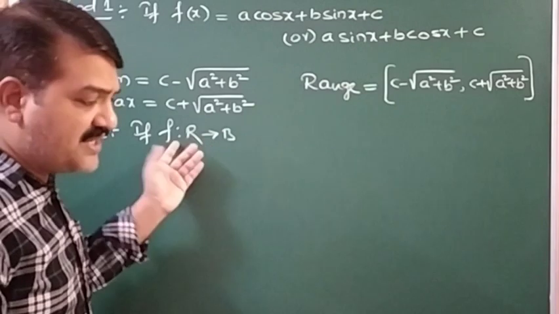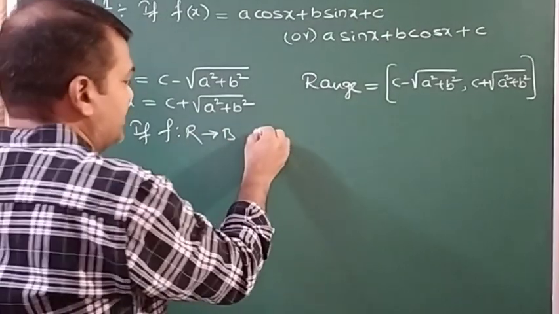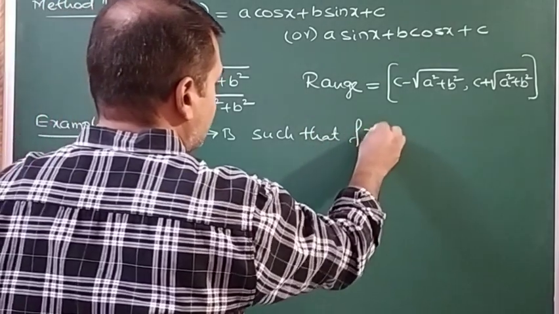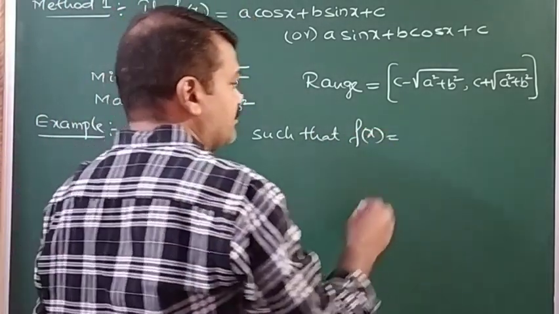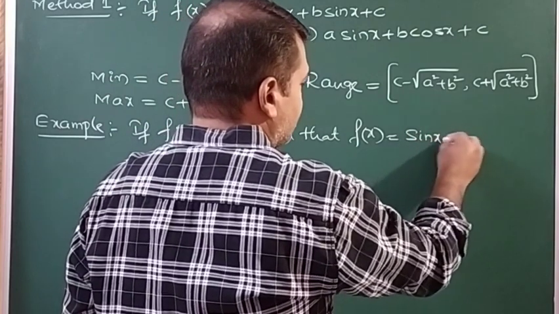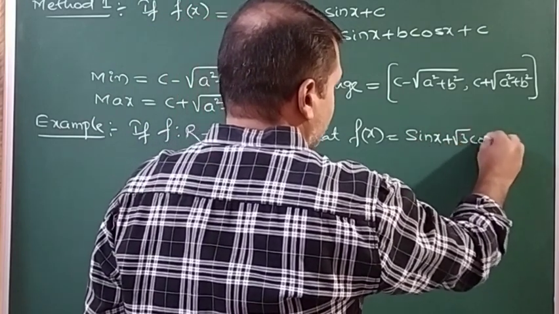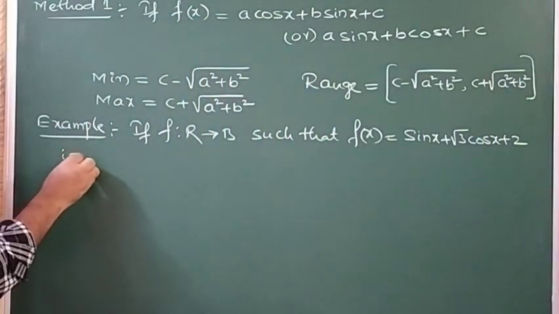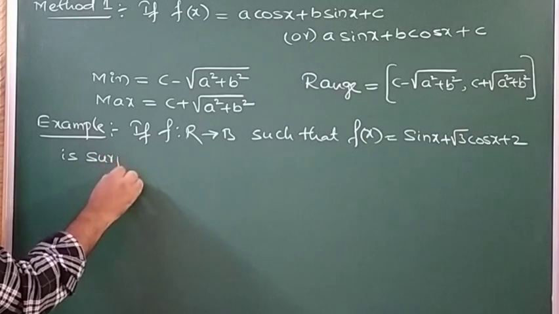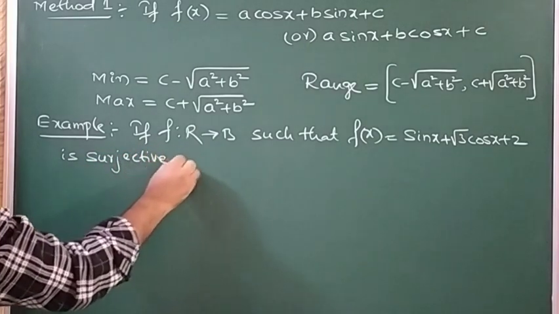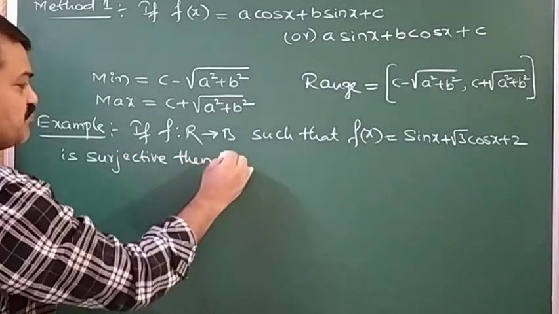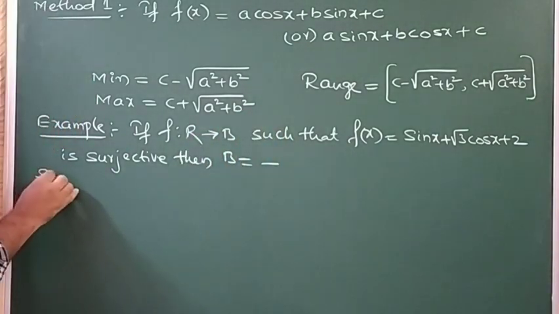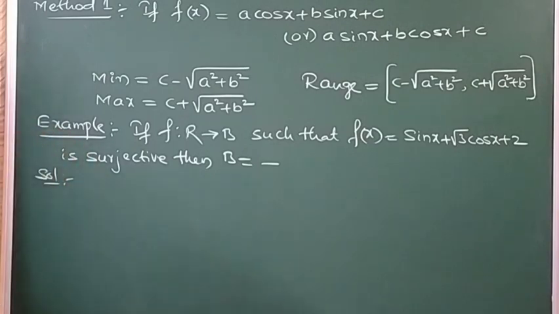F maps R to B, where R is the set of real numbers, such that f of x is equal to sin x plus root 3 cos x plus 2, and f is surjective, then B is required. This is the question.